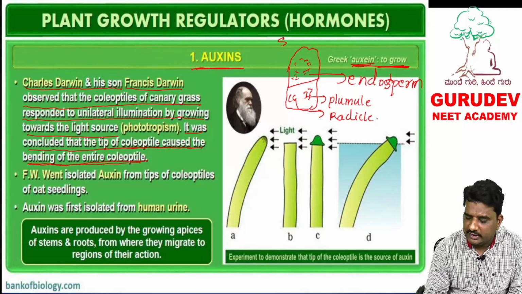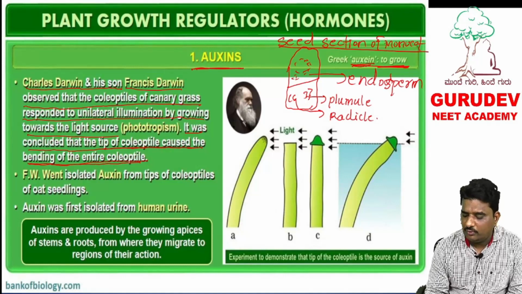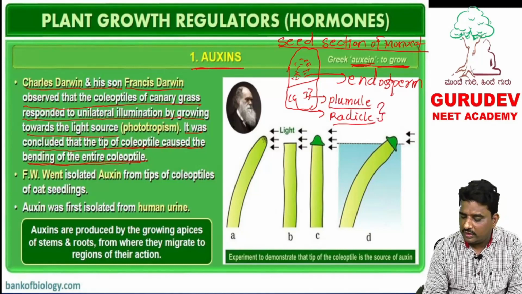Remember, this is a section of a monocot seed. In a monocot seed we have two parts. The larger part is the endosperm and the smaller part is the embryo. That embryo is made up of two parts, plumule and radicle.